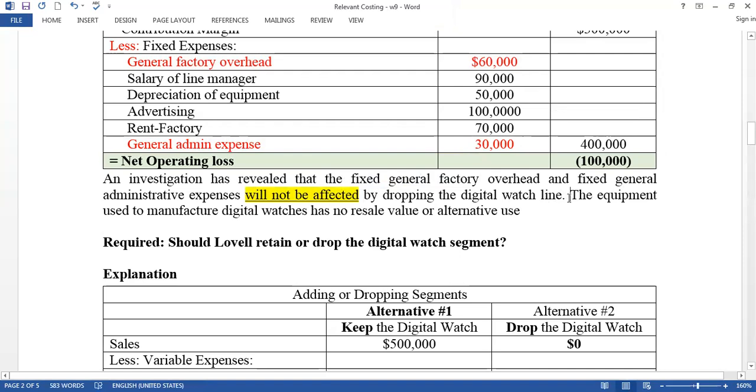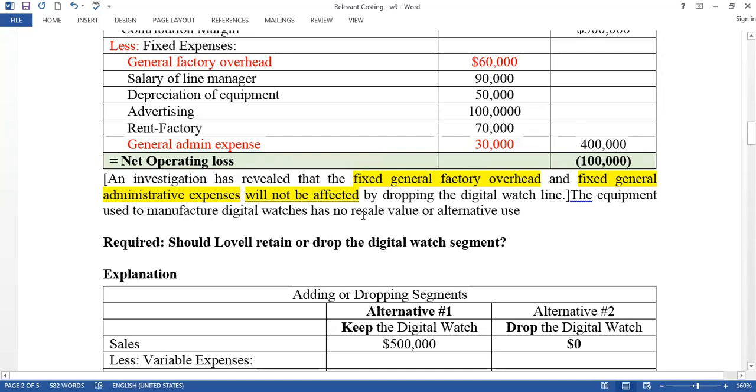What does it mean up to here? An investigation said that fixed general factory overhead and fixed general admin expense will not be affected. What is the meaning of will not be affected?